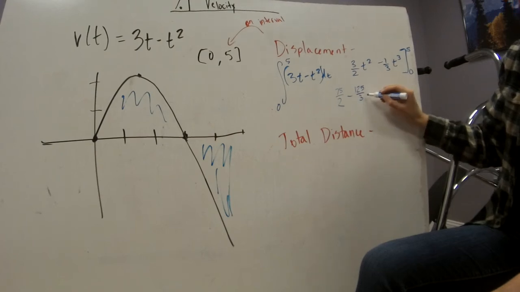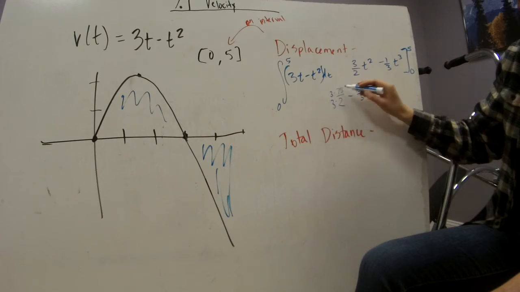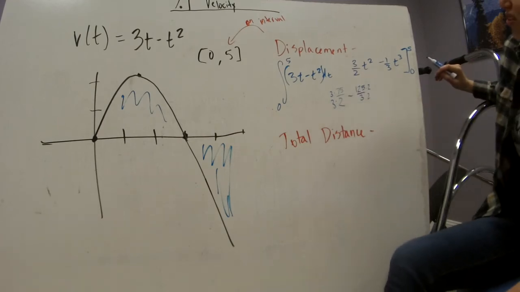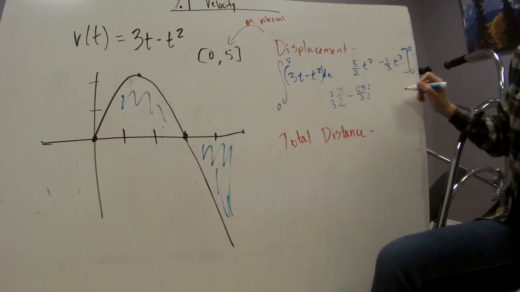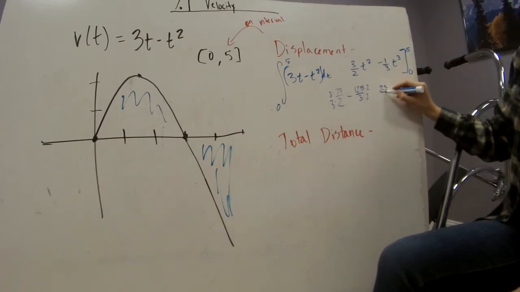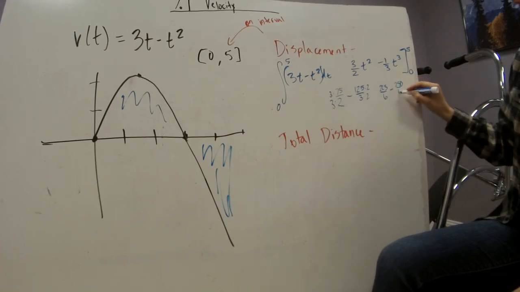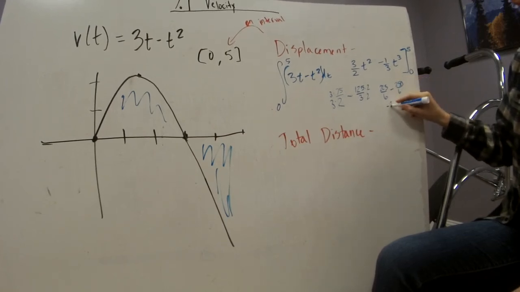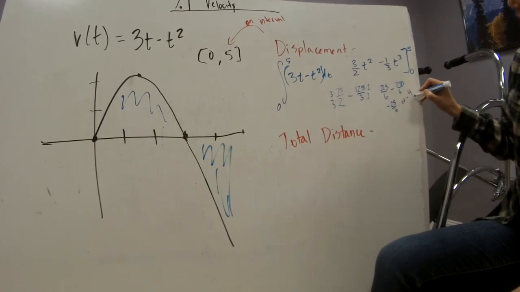And then I'd have to get a common denominator, so that's gross, but I'll do it, because this actually still isn't that bad, right? 3 times 75 is 225, isn't that right? So 225 over 6 minus 250 over 6 is negative 25 over 6.